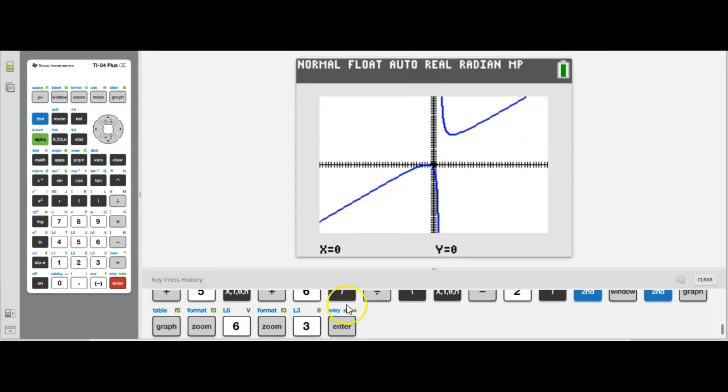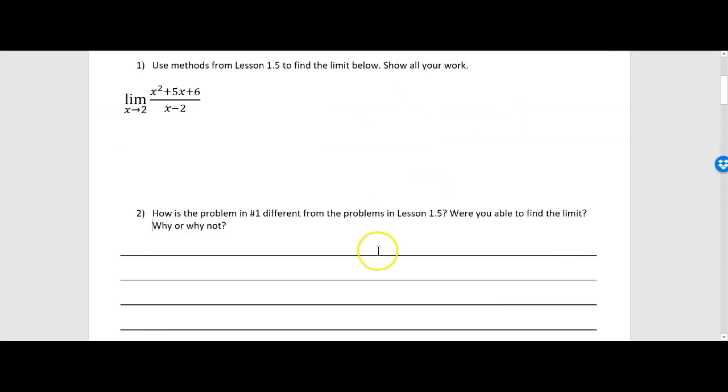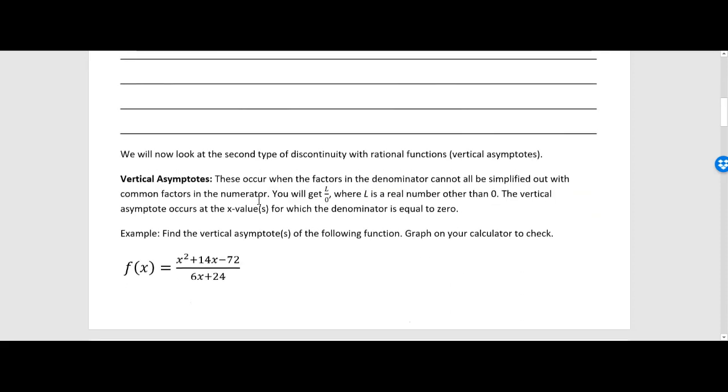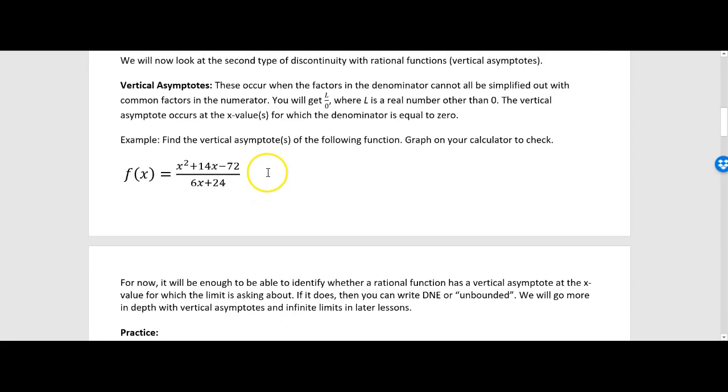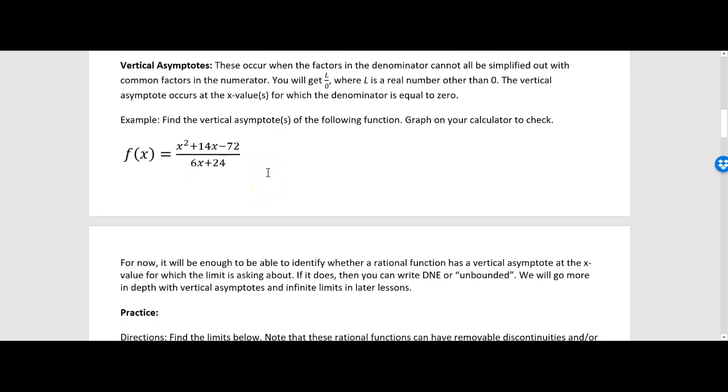We may need to review how to figure out where those vertical asymptotes are though, which is what we're going to do now. So vertical asymptotes occur when the factors in the denominator cannot all be simplified out with the common factors in the numerator.